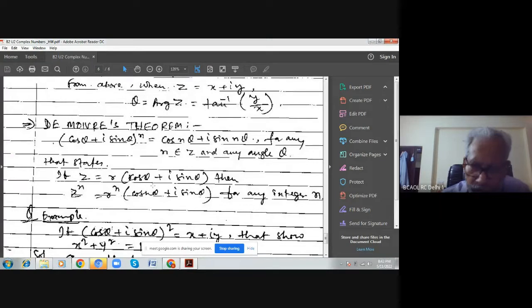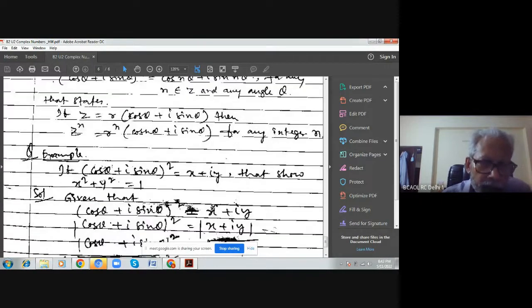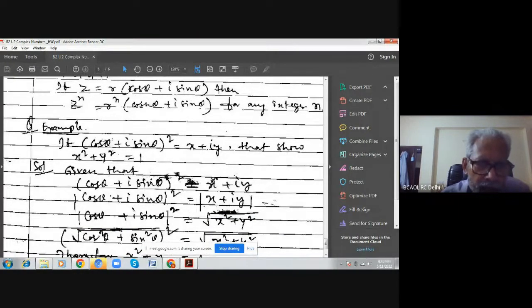So considering this theorem, here is an example. Suppose (cos theta plus iota sin theta) squared is equal to x plus iota y, then you have to show that x square plus y square is equal to 1. Based on this, as you know, cos theta plus iota sin theta squared, you have to remove the iota.